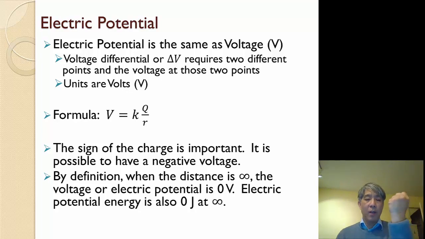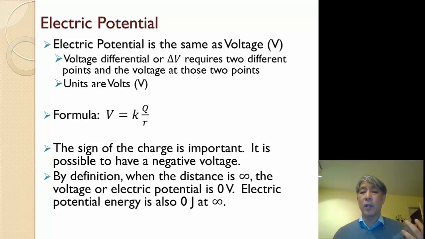So when I have a point charge, the voltage or the electric potential at a distance from that charge is going to be given by kQ over r. It's that same k, 9 times 10 to the 9th. Q is the central charge, and r is how far I am from the center of that charge. Electric potential is a scalar, so the sign of the charge is going to be important.